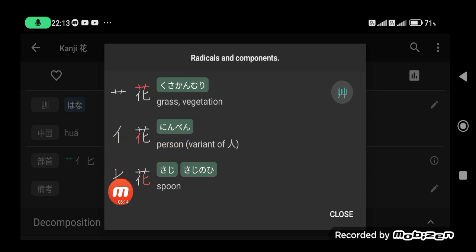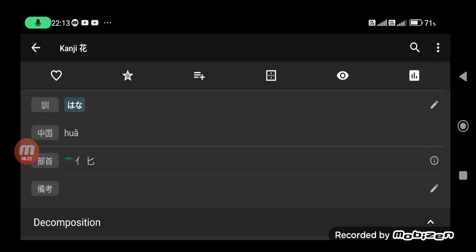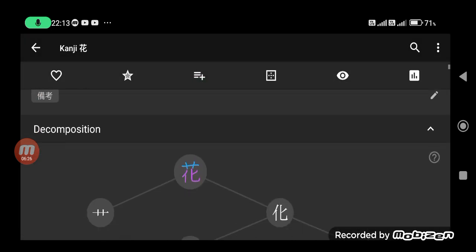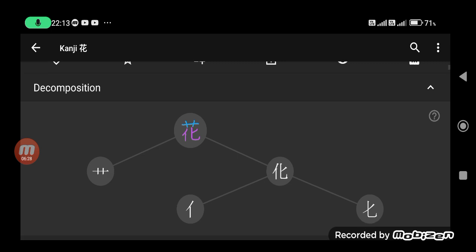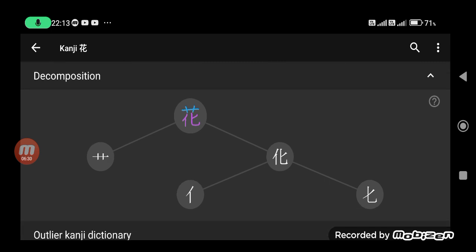And here, spoon. The one in red font here is spoon. So we have three kanji radicals or components, and if you want to decompose or parse it, it is parsed in this way.